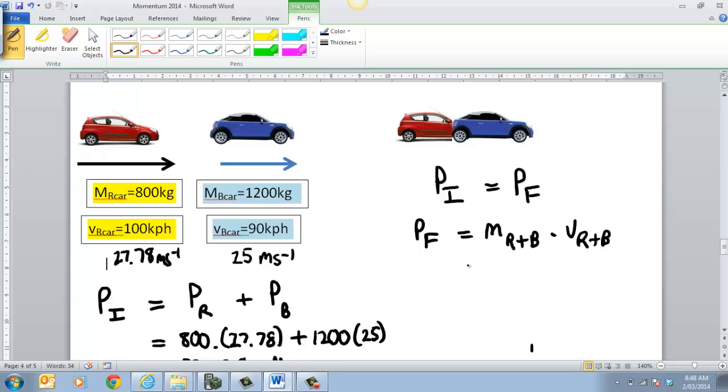In this case we know this is 52,224, this is going to be 2,000, and that's our velocity of the red plus the blue. So we're going to simply divide that by that.